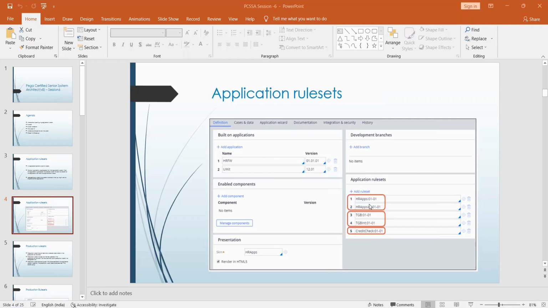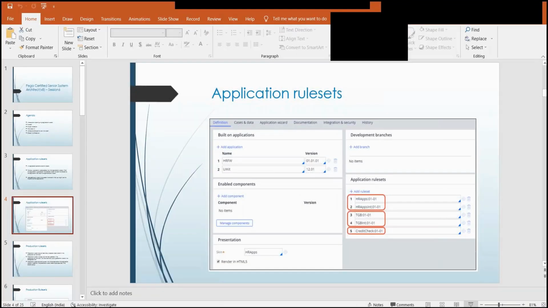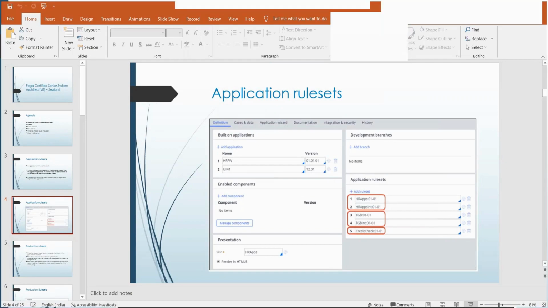The one on the top of the stack is given the priority, and that's how it would continue. Now, along with these application rule sets, we also have something called production rule sets. There is a bit of a difference from the application ones. So what is that now? And where do I see them?